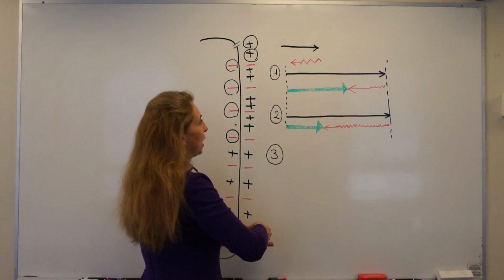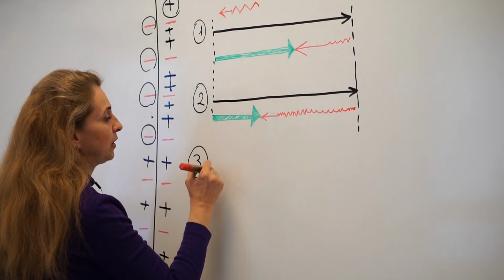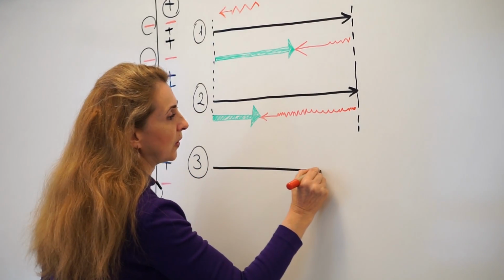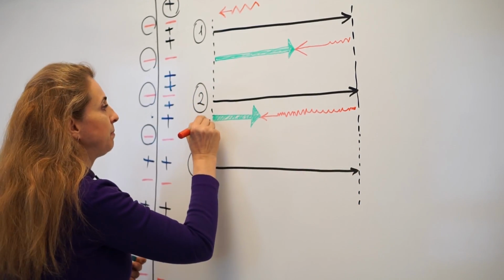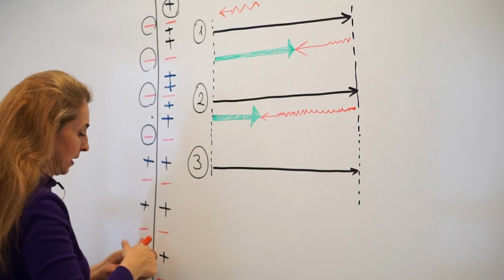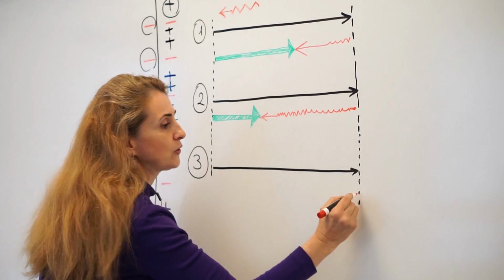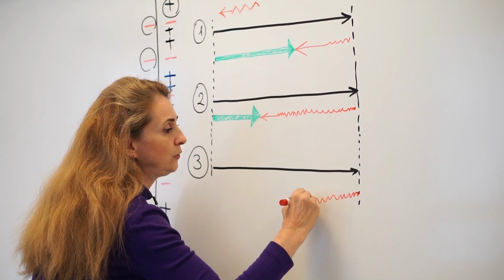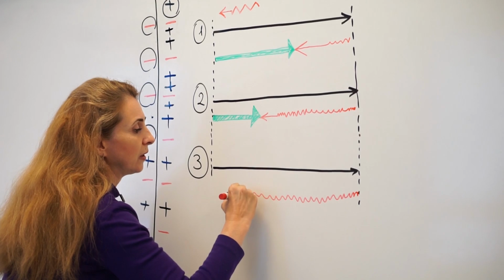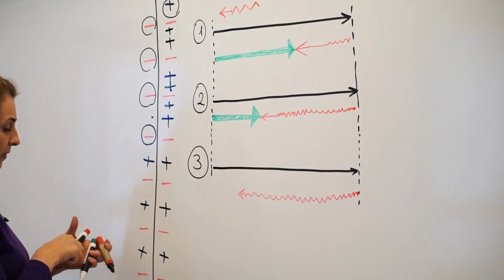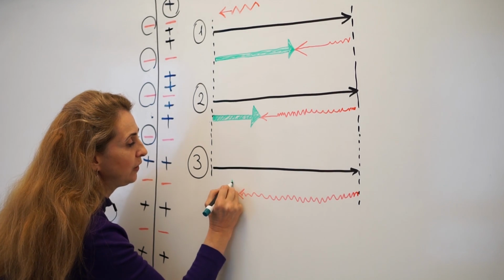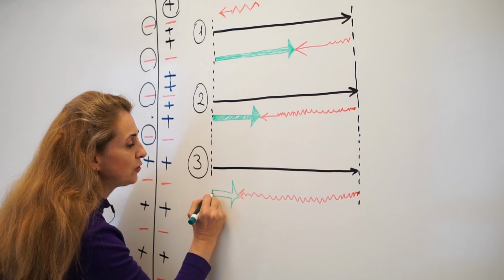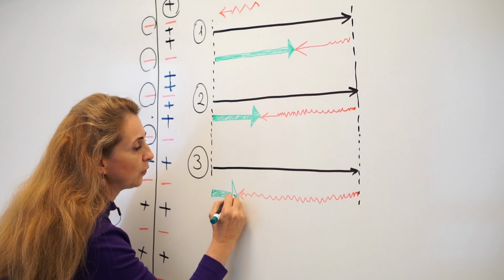So in the next step, the chemical force will stay at the same magnitude. Electrical force, its magnitude is going to increase further, and the magnitude of the driving force shall decrease further.